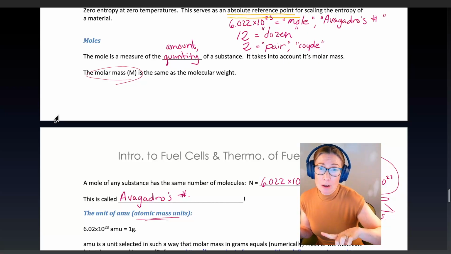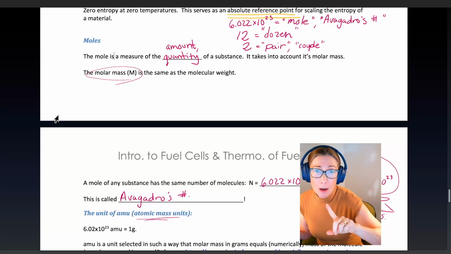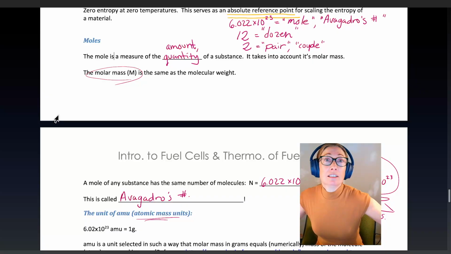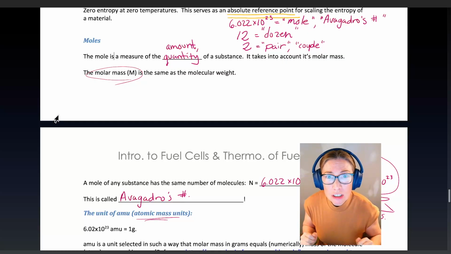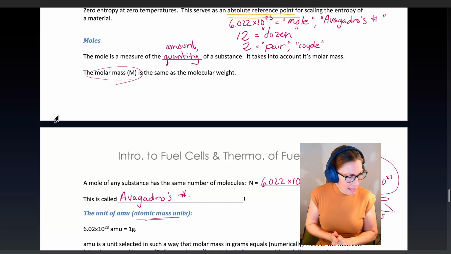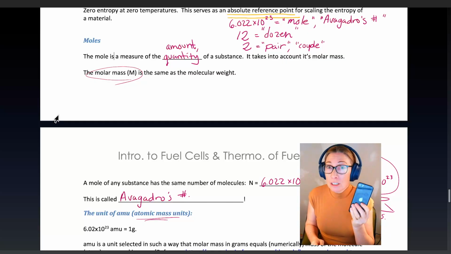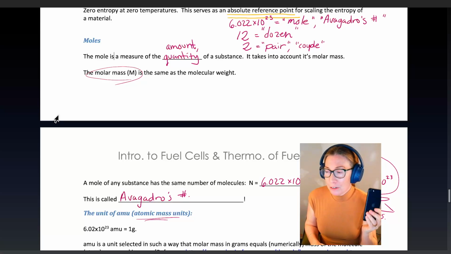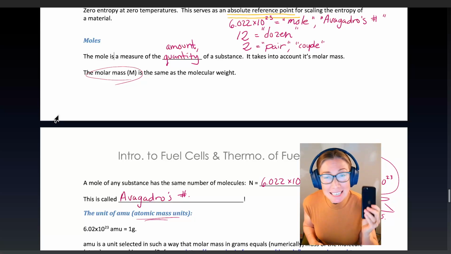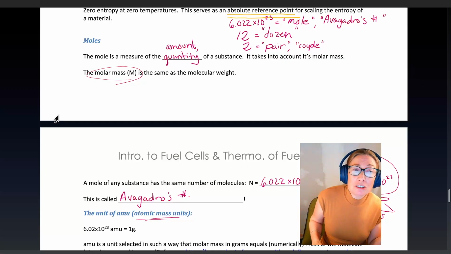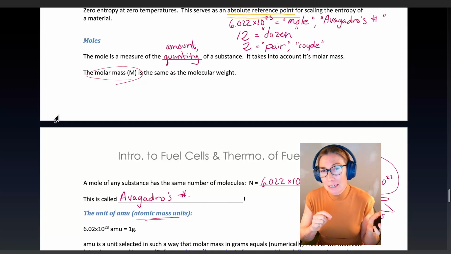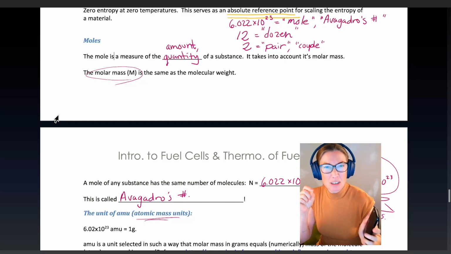Now, if I were to count a mole's worth of cars, they would take up a lot of space. It would mean that I have counted 6.022 times 10 to the 23 cars. If I were to count that many cell phones, I would count 6.022 times 10 to the 23 cell phones, and it would take up less space. What we usually use mole for, though, is chemistry and physics.